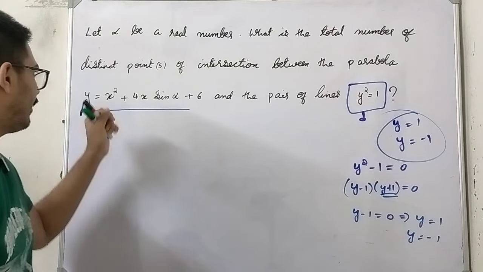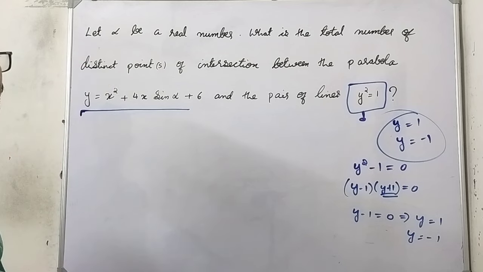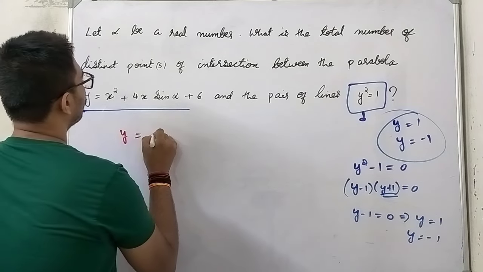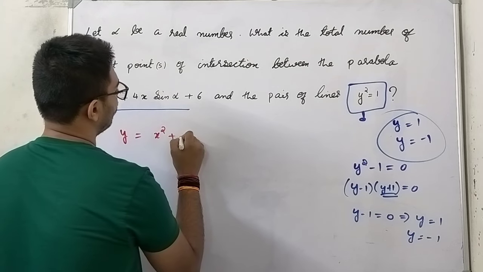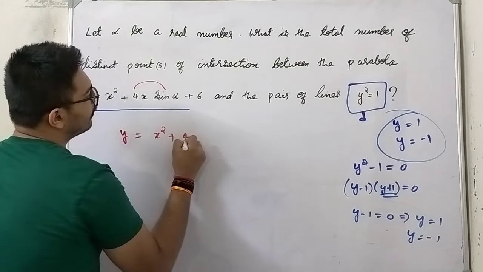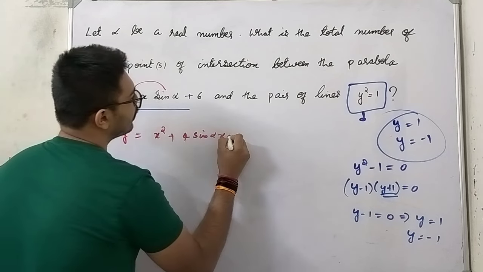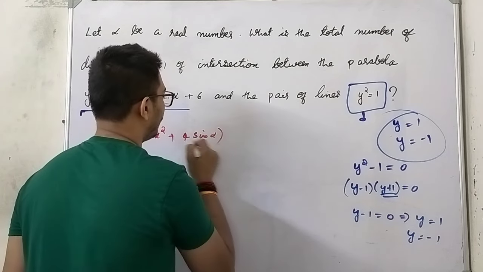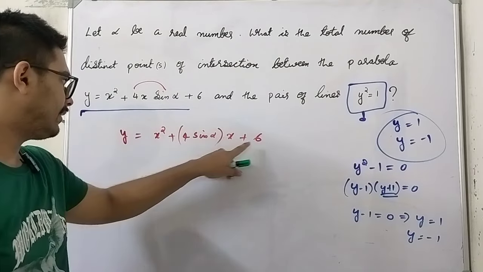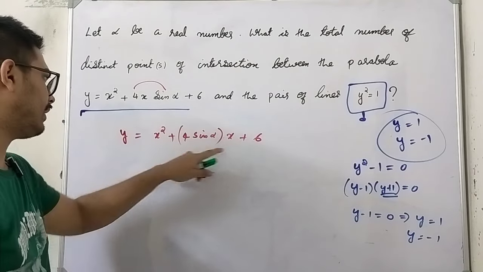Now I am taking the equation of this parabola. The equation of the parabola is given as y equal to x square plus 4 sine alpha into x plus 6. Whenever you get this kind of equation, the easiest method is to complete the square.